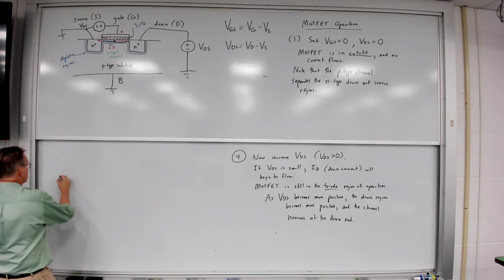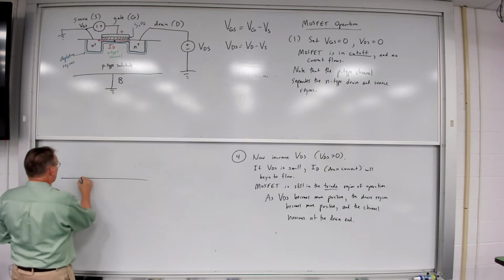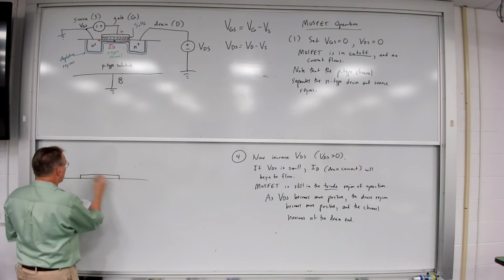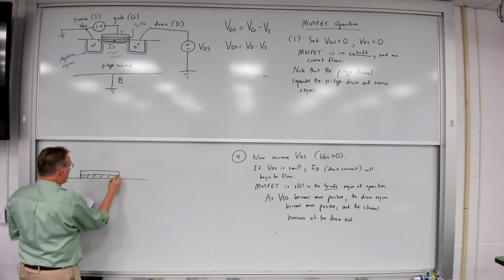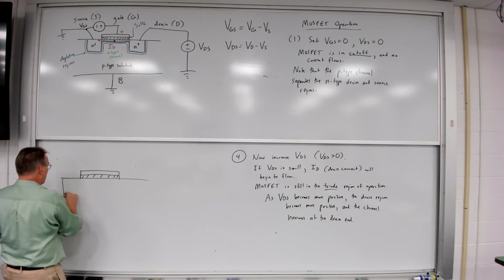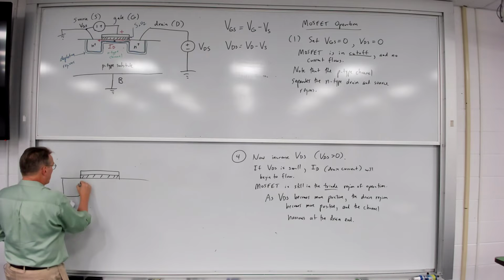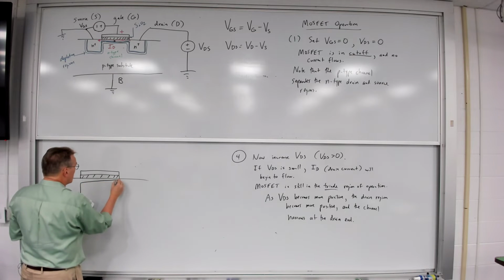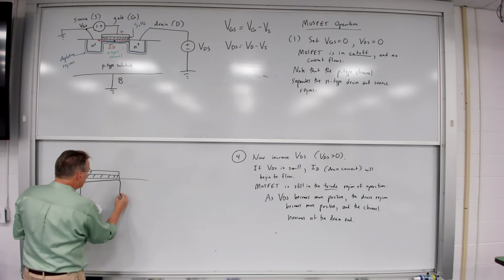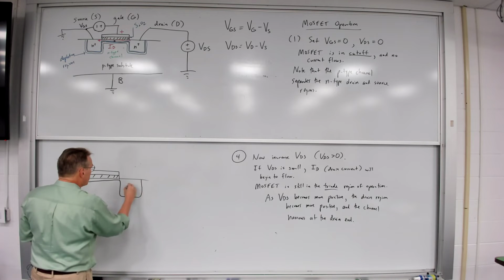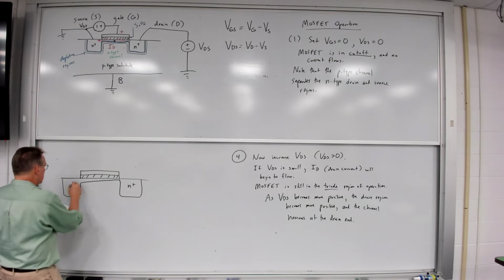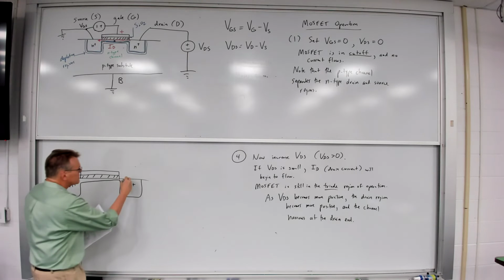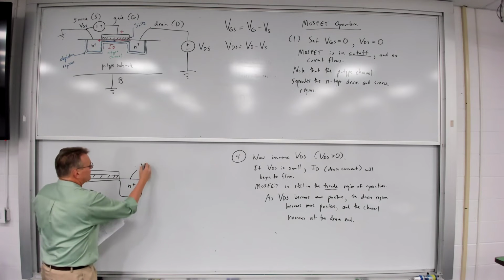So what's happening now is this. What I'm going to see is the channel's going to begin to narrow at this end because the drain is now becoming more positive.